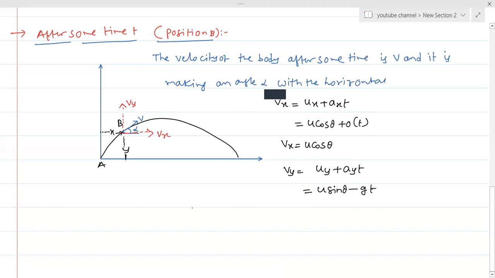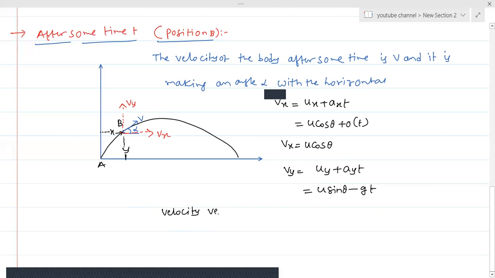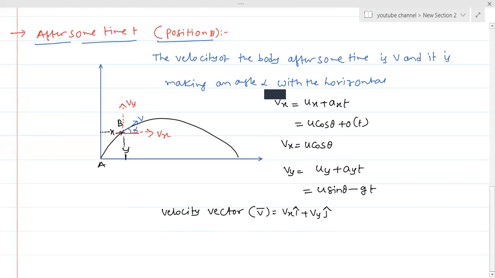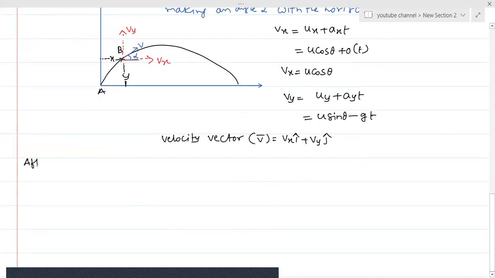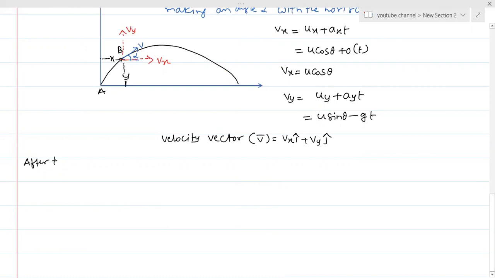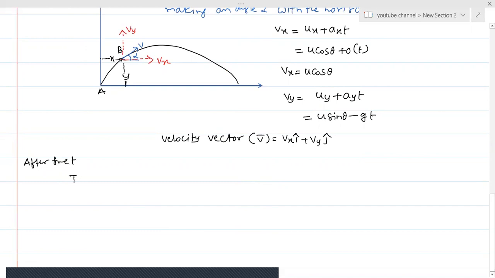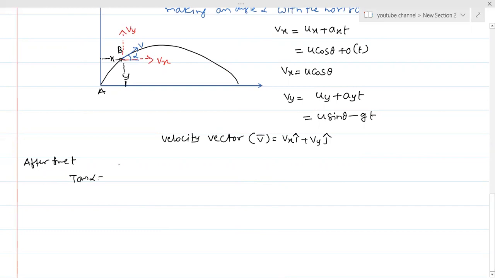Suppose you are interested in writing the velocity vector, simply we will write v bar equivalent to vx into i cap plus vy into j cap. So this is about the velocity vector. And after some time t, as we see here, the angle tan alpha can be understood as opposite side by adjacent side, that is vy by vx.